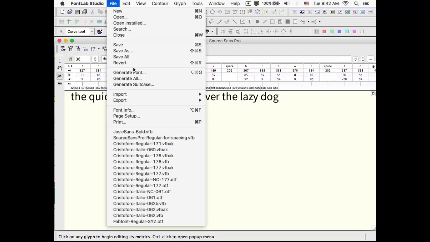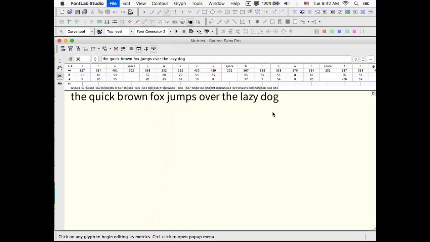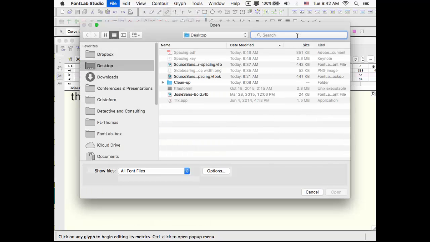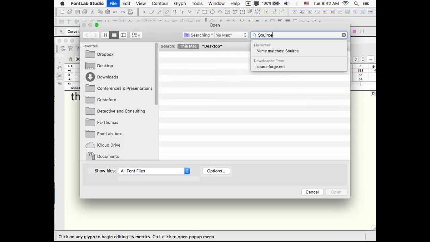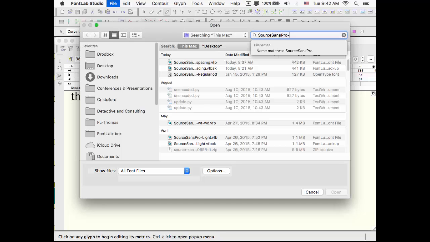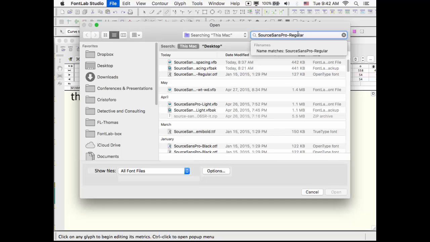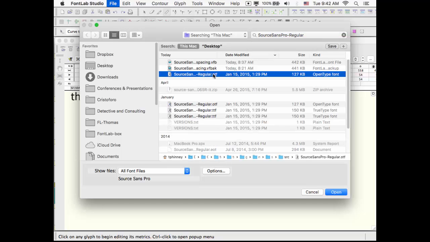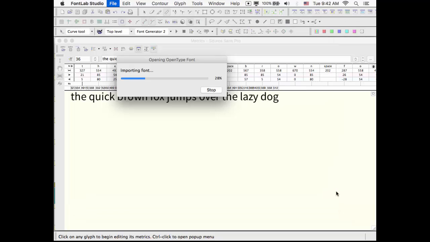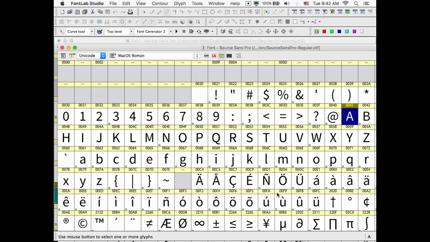Let's do a quick look. We're going to just open... oops, I can't even spell. I'm going to open the real font, and we're going to look at the spacing.